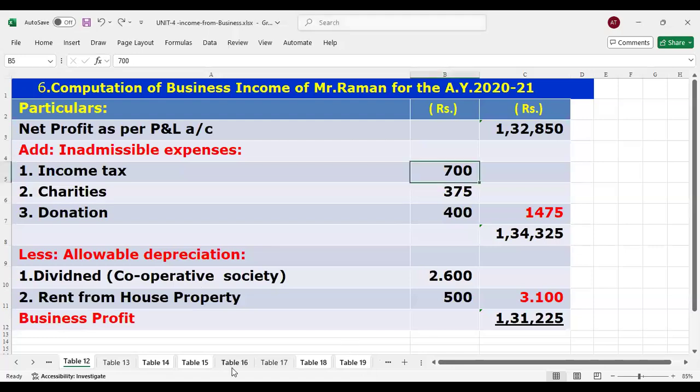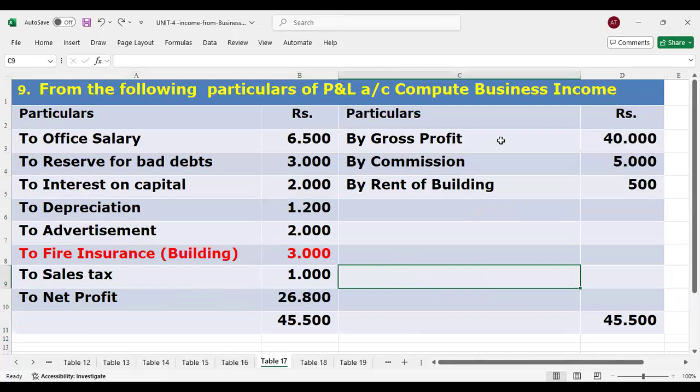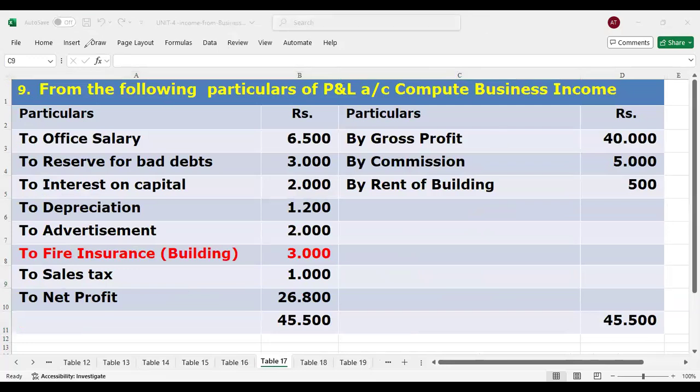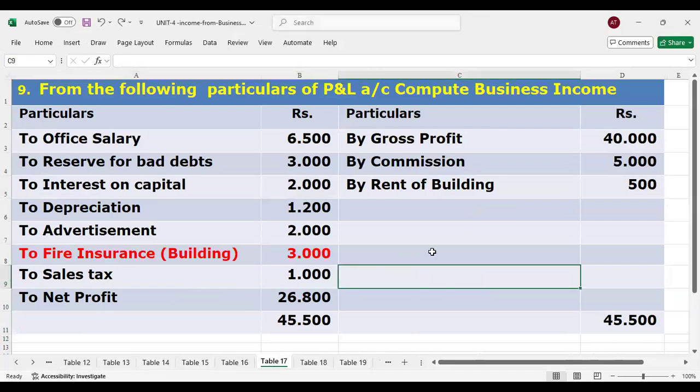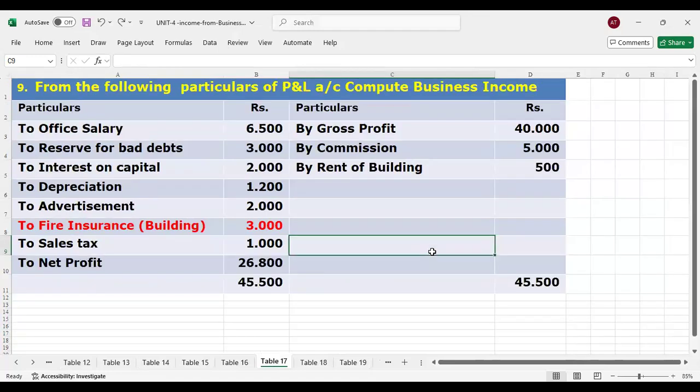So let's talk about the next example. I hope it's visible and it's working. Now in this numerical, expenses and income are given. For any numerical on business and profession, we first need to find out business or non-business, and then deduct and find out taxable income as income from business and profession.